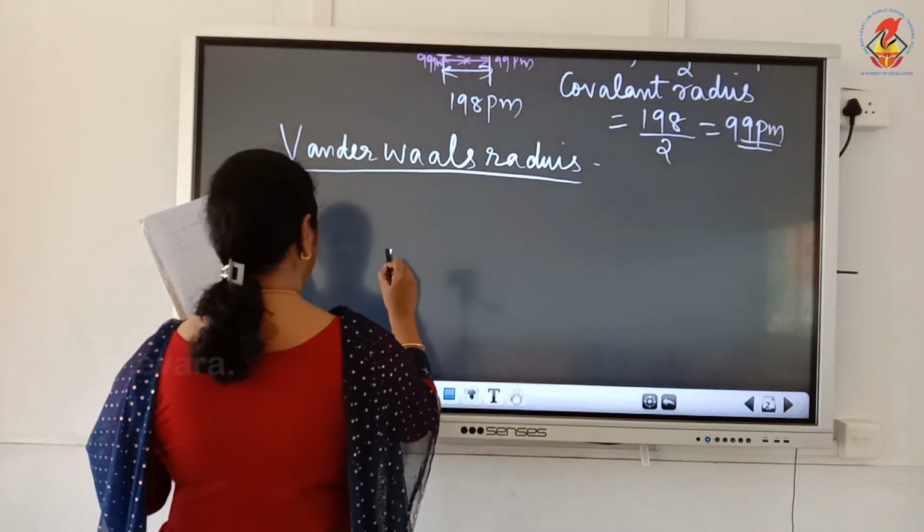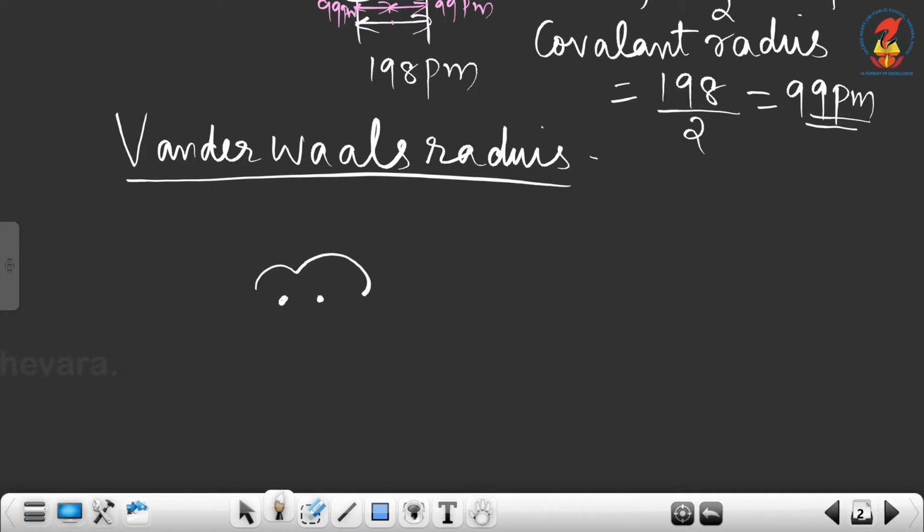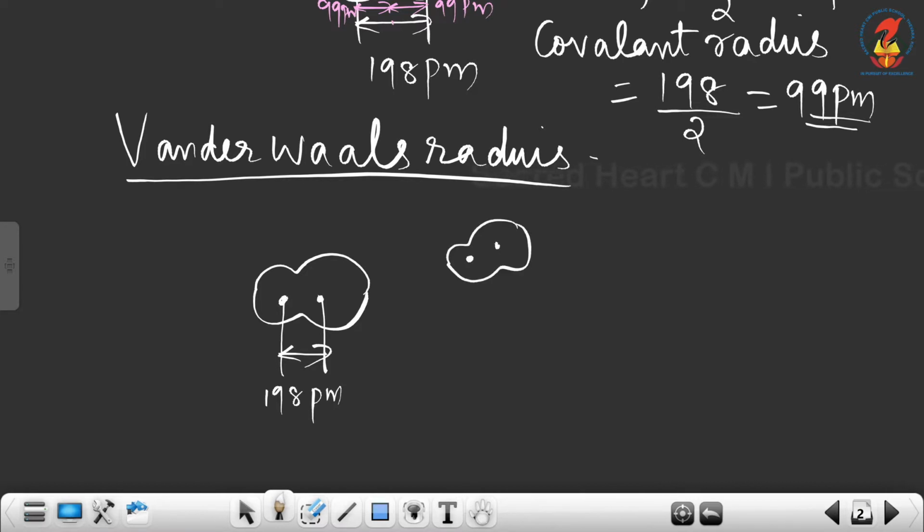Suppose we have a chlorine molecule with its outer shell indicated like this, and you know that this is the bond length, which is 198 picometer. Now, another chlorine molecule along with its valence shell, this also has a bond length of 198 picometer.